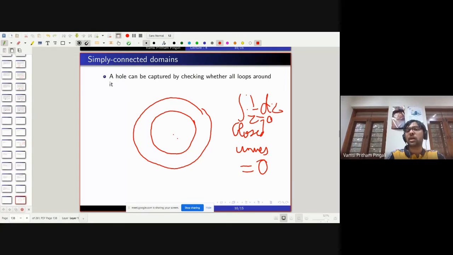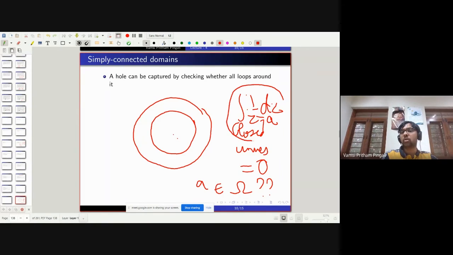This 1 by z minus a is 0 for all a in the domain. Is this true? If this is true, then it has no holes. Because if it did have a hole, then I could have integrated around the hole, roughly speaking. Not exactly, but roughly speaking, I could have done something like this, and I could have gotten 2 pi i, right? So this is one way to define holes. You simply integrate 1 by z minus a dz over all closed curves for all points a in the domain, and you better get 0.